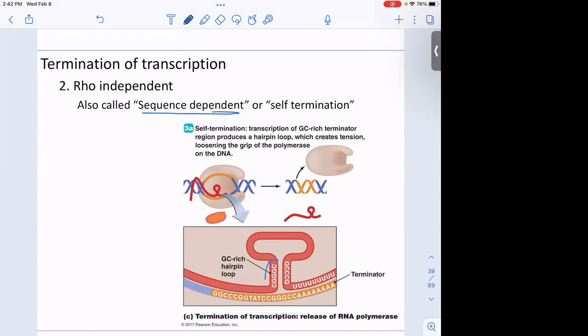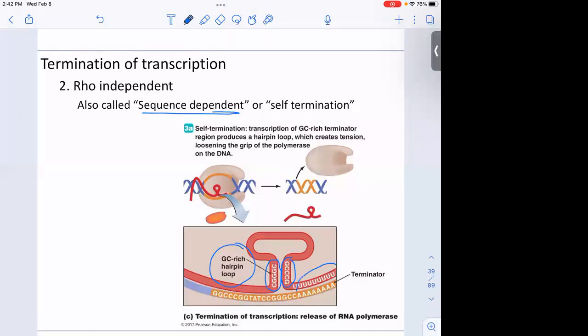So you see these two sequences here, they're actually a mirror image of each other, and then they will be complementary. So basically when the RNA transcribes those sequences, it can kind of fold back on itself and make this hairpin loop. And that causes some mechanical stress, we think, and causes the RNA to dissociate from the DNA.